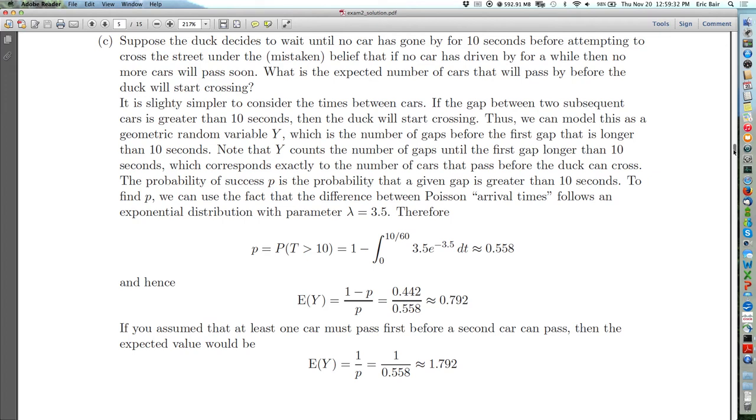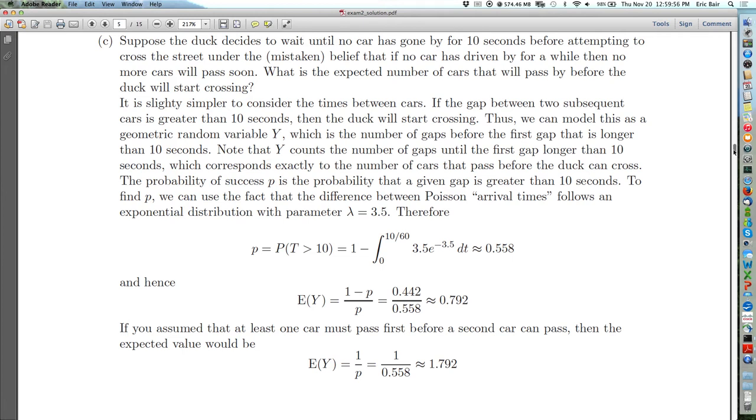The probability that there's a gap of more than 10 seconds is 0.558. That's essentially a geometric distribution with probability of success 0.558.